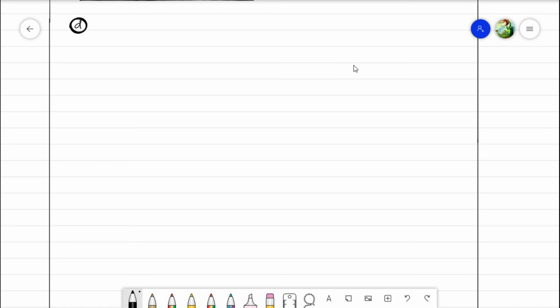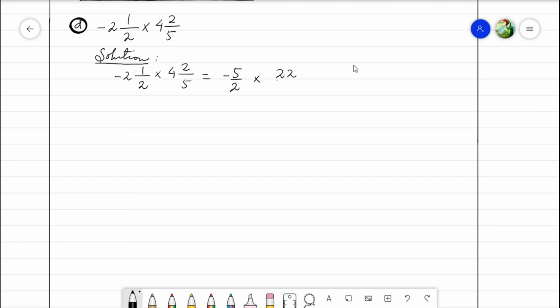This is negative 2 whole 1 by 2 multiplied by 4 whole 2 by 5. Again, I am writing the solution here first. I will change both the numbers into improper fractions. 2 2s are 4 and 5, negative 5 by 2 and multiplied by 5 4s are 20, 22 upon 5.